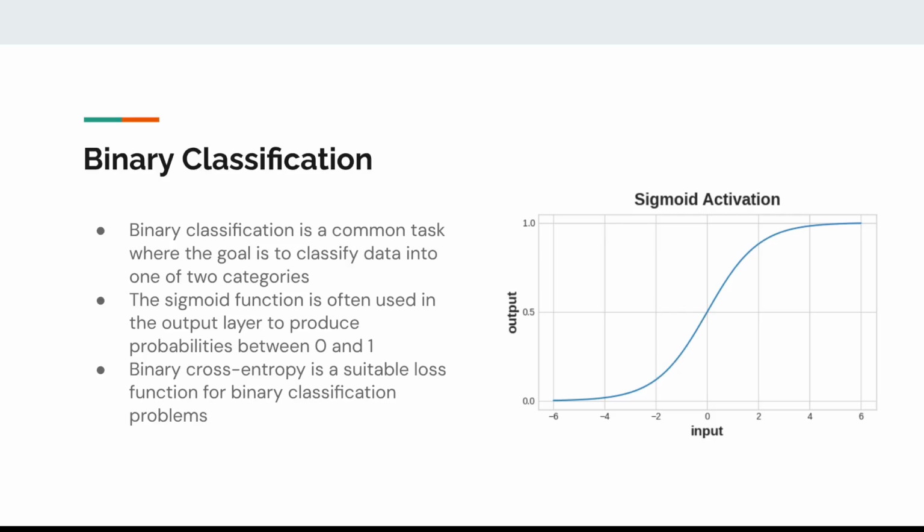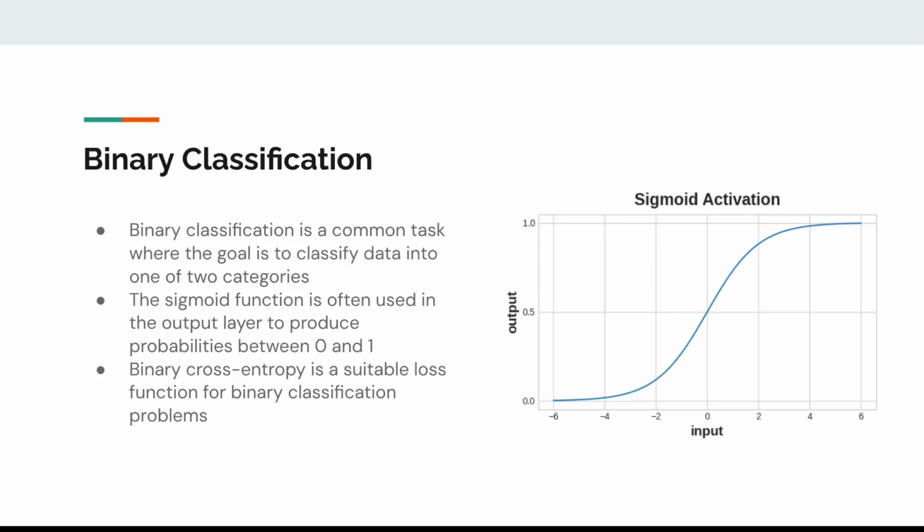To do this, we use a function called the sigmoid function. The sigmoid function converts numbers into probabilities. If the probability of a certain event, say a yes, is closer to 1, we classify it as that category.